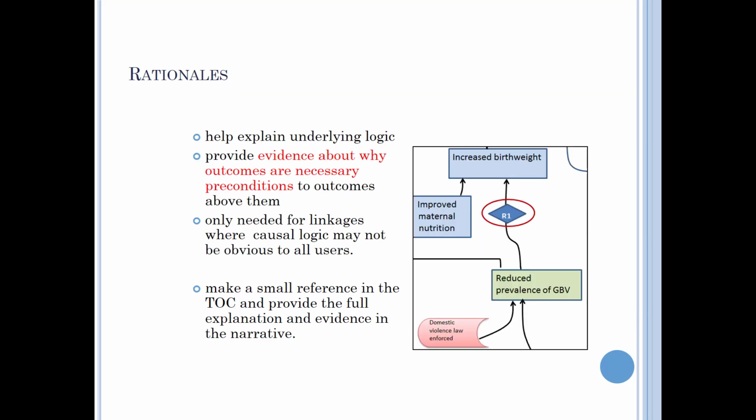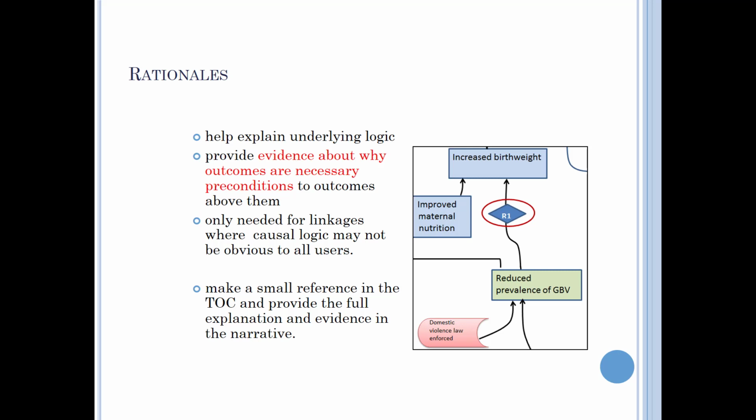Rationales are dealt with in a similar fashion, so you also include some boxes where, let's say, R1 will be referring to rationale 1. Rationales help to explain the underlying logic and provide evidence about why these outcomes are necessary so that other outcomes can be achieved. It's needed for those linkages where the causal logic is not so obvious.